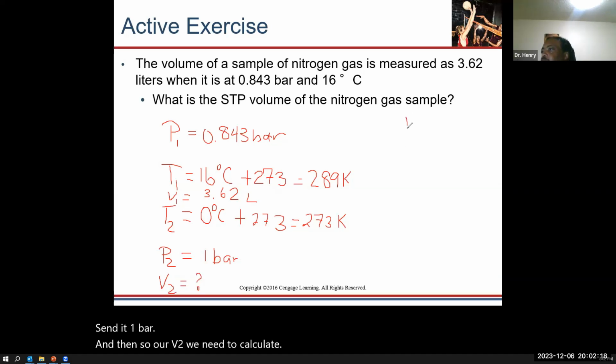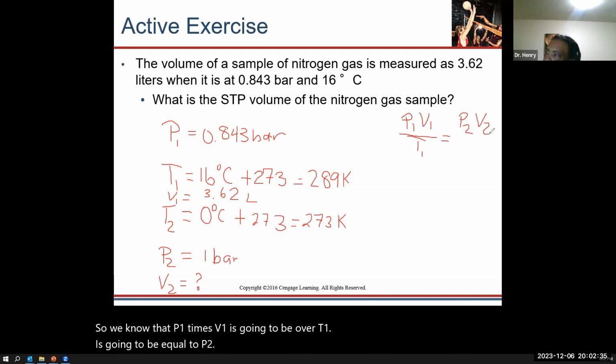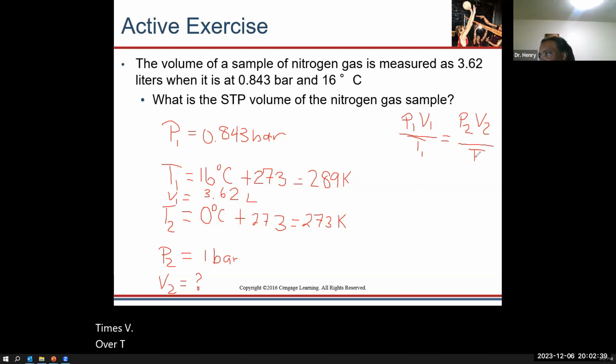So we know that P1 times V1 over T1 is going to be equal to P2 times V2 over T2. And then we're going to solve for V2.